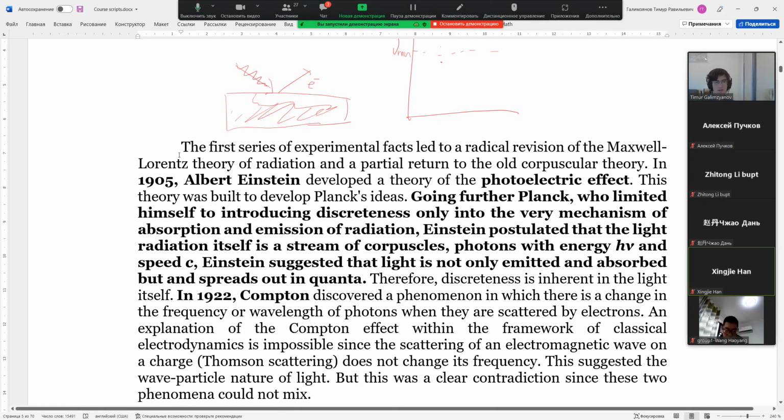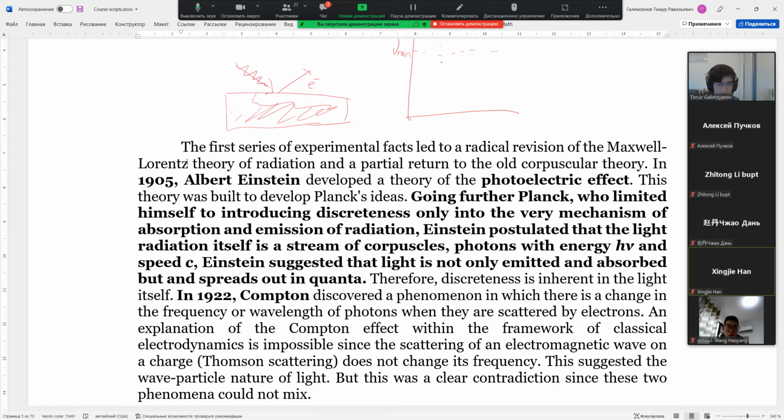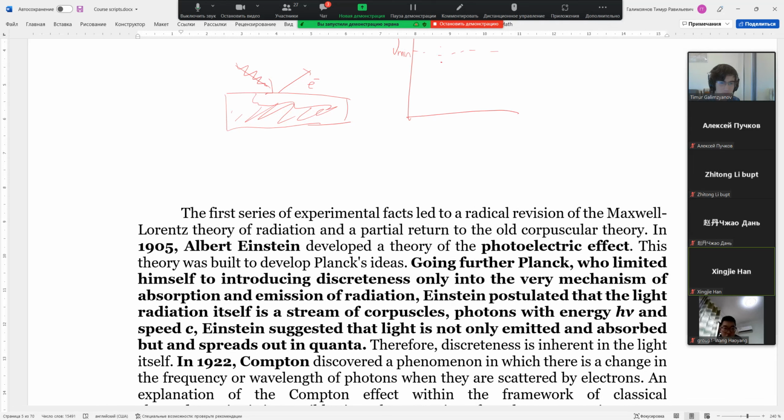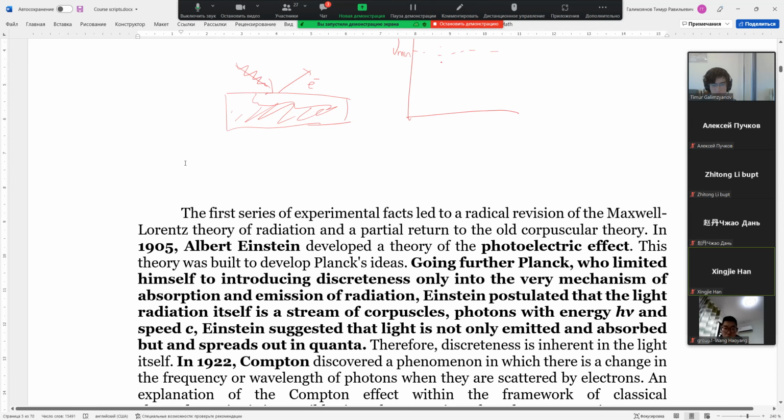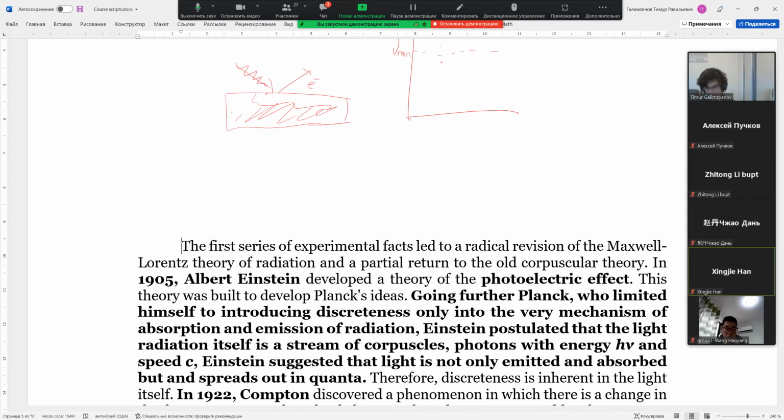And the last experiment I want to talk about in the matter of radiation is the so-called Compton effect. If you had your electrodynamics course, you know that if you have some free particle, let's say an electron, and you emit light, the light bounces off the electron and is scattered in all directions.